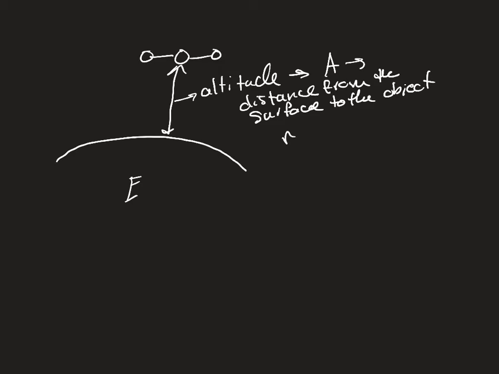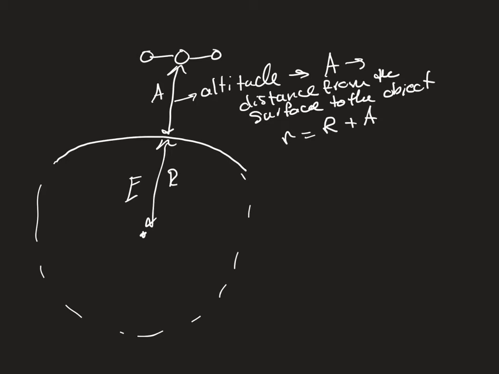In order to establish the distance from center to center, from the surface of the object is not center to center, because remember, the Earth is a sphere, so the center would be down here. So we would have to take the radius of the planet plus the altitude to get center to center. Now keep in mind, with satellites, we're assuming they're small enough that we can ignore that small distance to their center. So we're really more worried about the ginormous planet because the radius of a planet is pretty big, and that's going to make a big difference in our calculations.